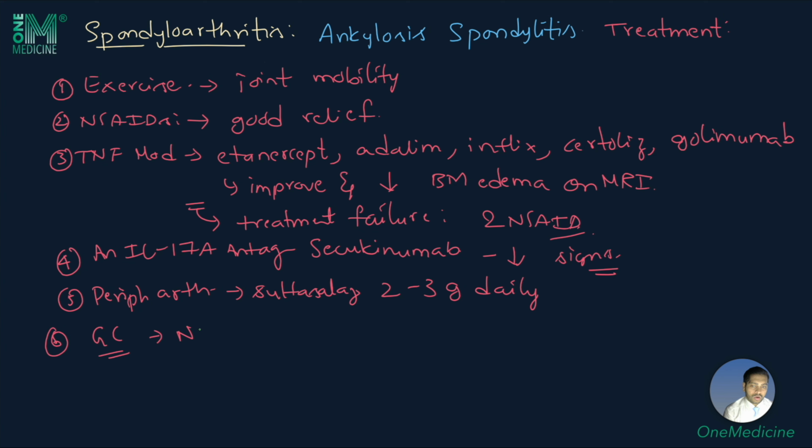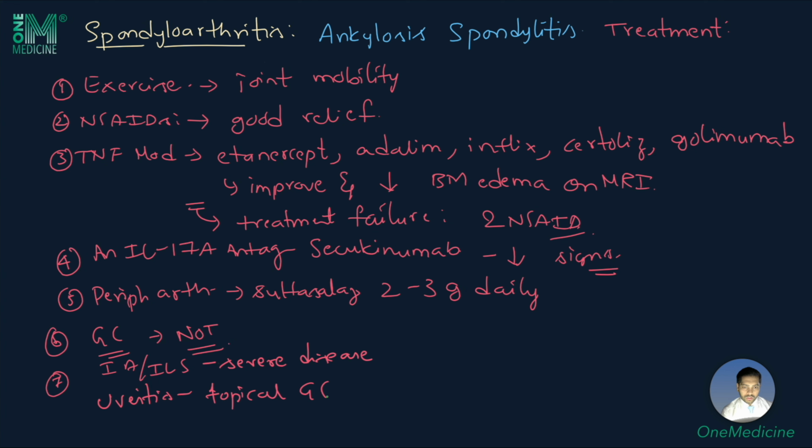Glucocorticoids are not shown to be beneficial. Intra-articular or intralesional steroids are used in cases of severe disease. Uveitis is managed with topical glucocorticoids, or sometimes systemic steroids can be used. Corrective surgery is used in serious cases.